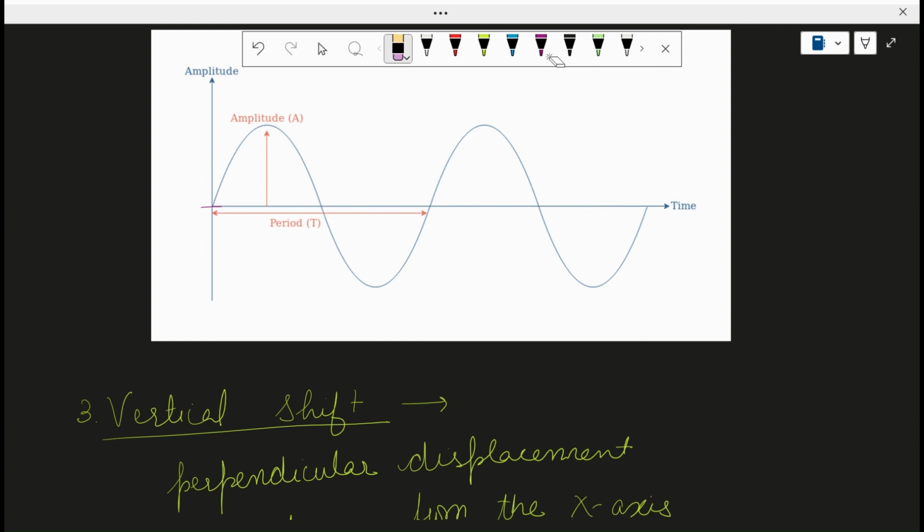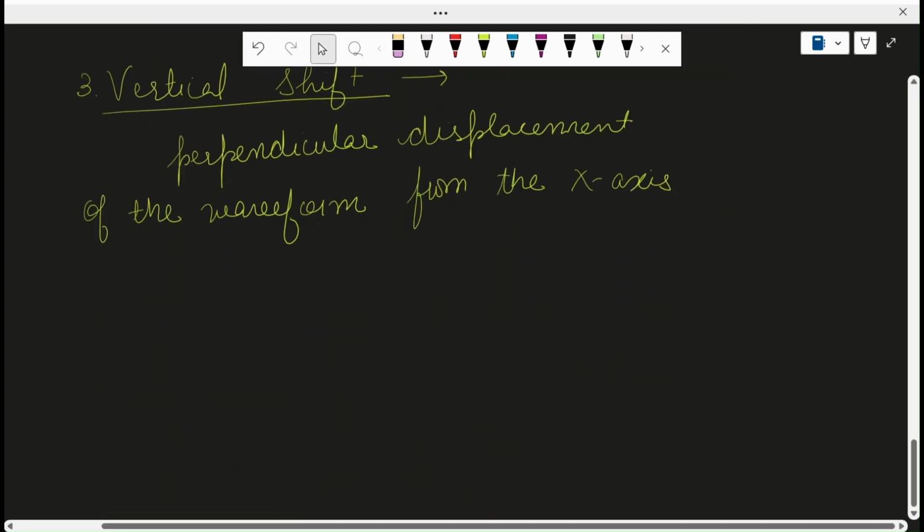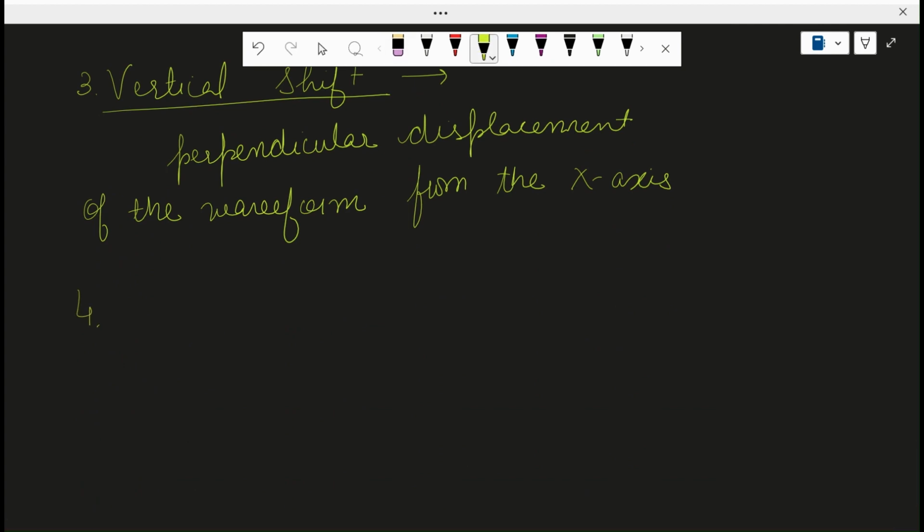Let us now quickly look at what the phase is. The next terms which I am going to explain are very important to understand how different waveforms work, or change their path, and how different waveforms can be compared to one another on a graph.